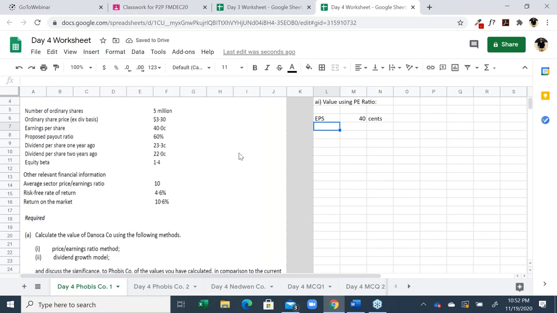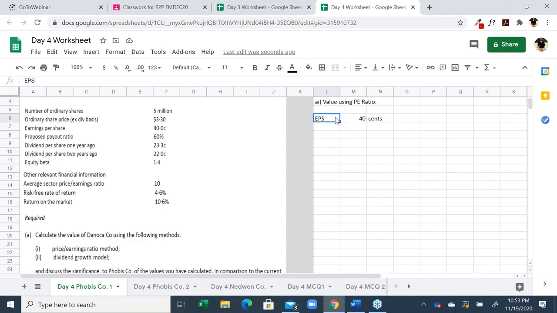Price earning ratio now. Now, remember one thing. To value a particular company using price earning ratio, obviously we cannot use the same company's price earning ratio. We have to pick up a similar size company, or we may pick up the industry average.